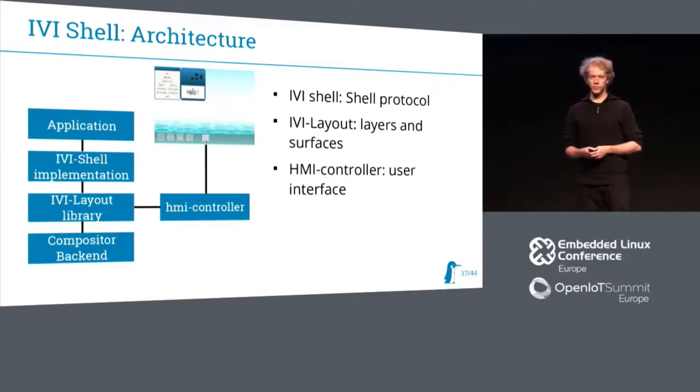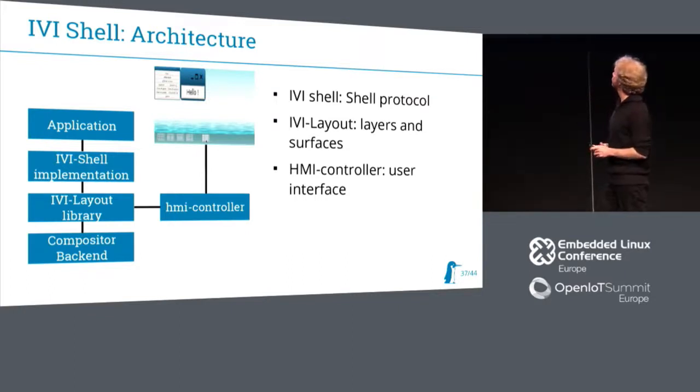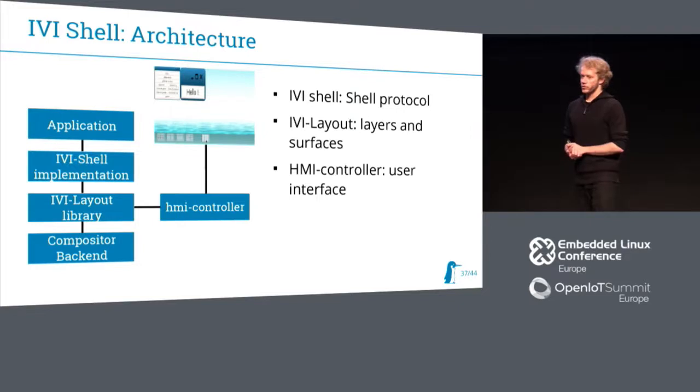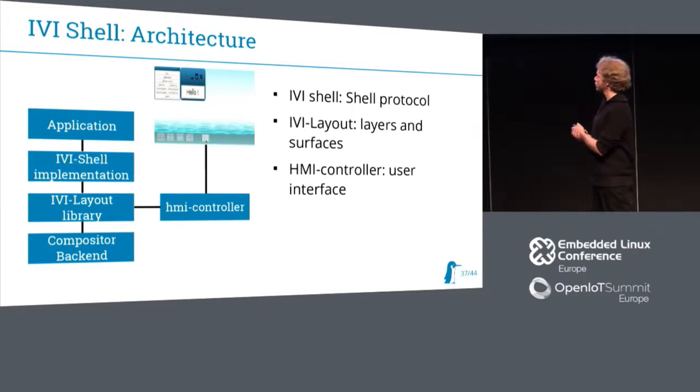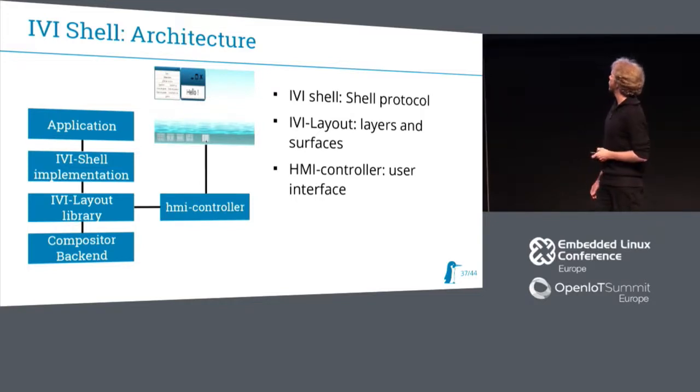So this is the example user interface that comes with Weston, the IVI shell. So in order to have our own user interface, we just cut here and replace the HMI controller and this user interface and reuse this IVI layout library.